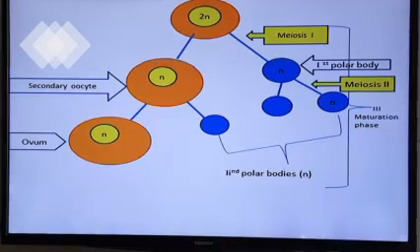The secondary oocyte forms the ovum. The ovum is haploid, and it is developed in the secondary, tertiary and Graafian follicle. It is observed in the Graafian follicle. This takes place in the ovary under the action of follicle stimulating hormone.